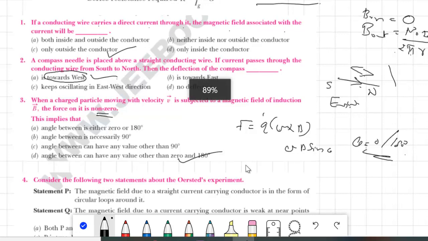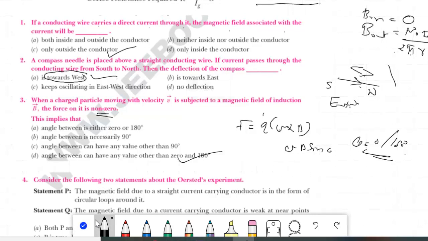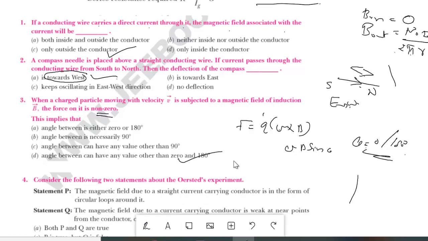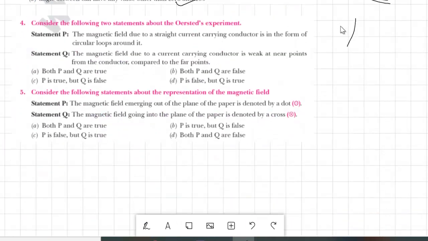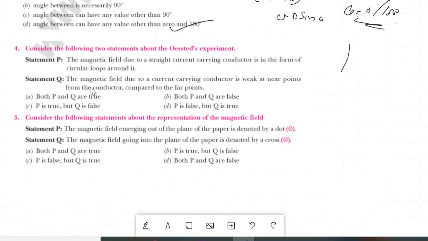Next question. Consider the following statements about the Oersted experiment. The first statement is that the magnetic field due to a straight current carrying conductor is in the form of a circular loop around it. The next is that the magnetic field due to a current carrying conductor is weak at near points compared to far points.